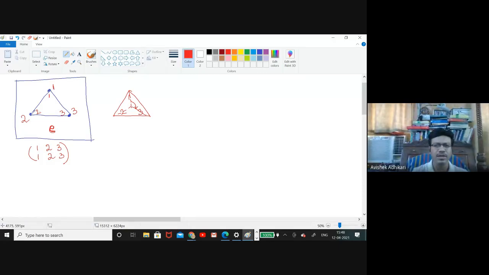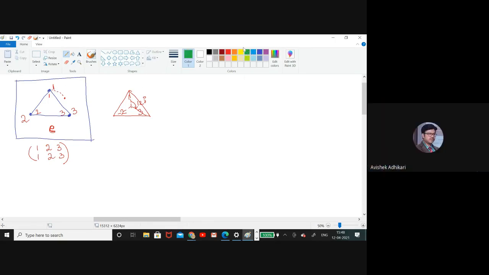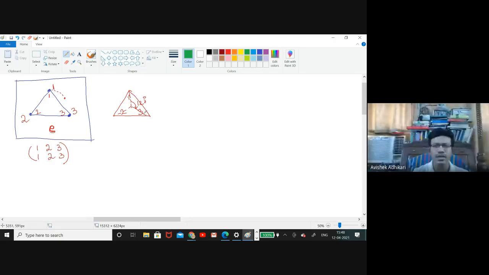60 degrees means something like this. 1 will come here. It will not fit into the hole. But if you rotate it by 120 degrees, then suddenly this cake will fit inside this hole. So here you had initially 1, 2, 3, and now 2 will come here, then 1 will come here, and 3 will come here.